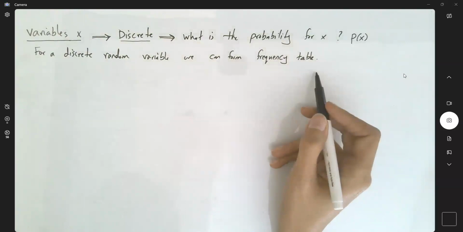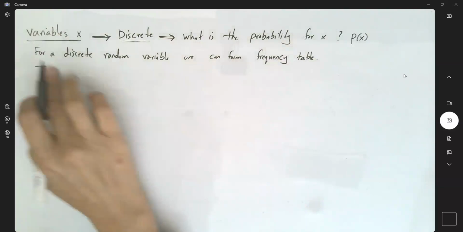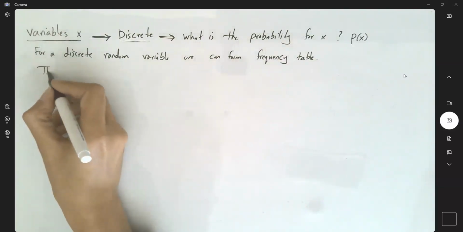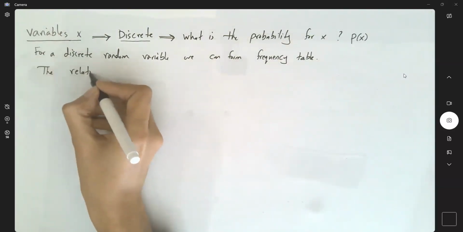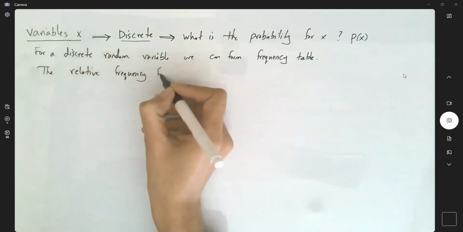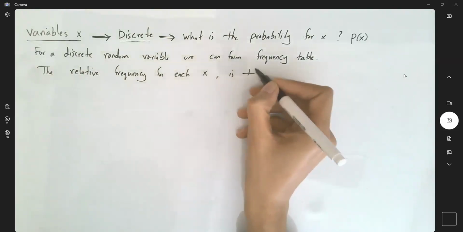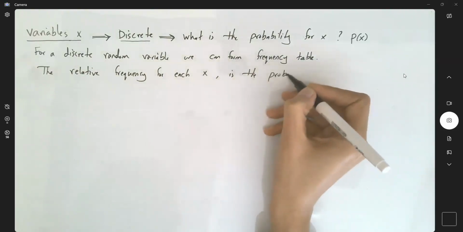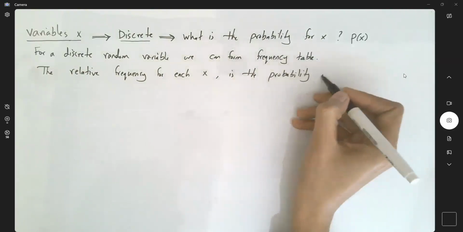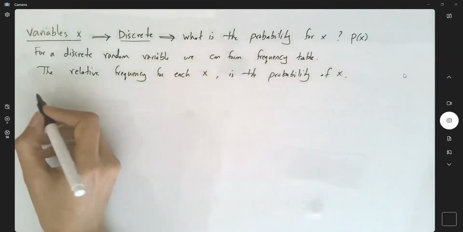If you have your frequency table, then the relative frequency for each x is the probability of x. So let's take a look at the following example to understand what is going on here.